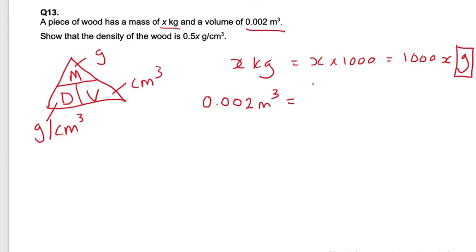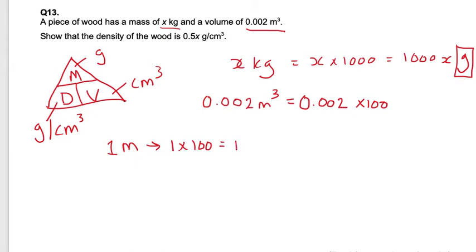If we're looking to convert this value here, then we have to take the 0.002 and multiply it. If we're going from metres to centimetres, we have to multiply by 100. So if we were going from 1 metre to centimetres, we take that 1 and multiply it by 100.